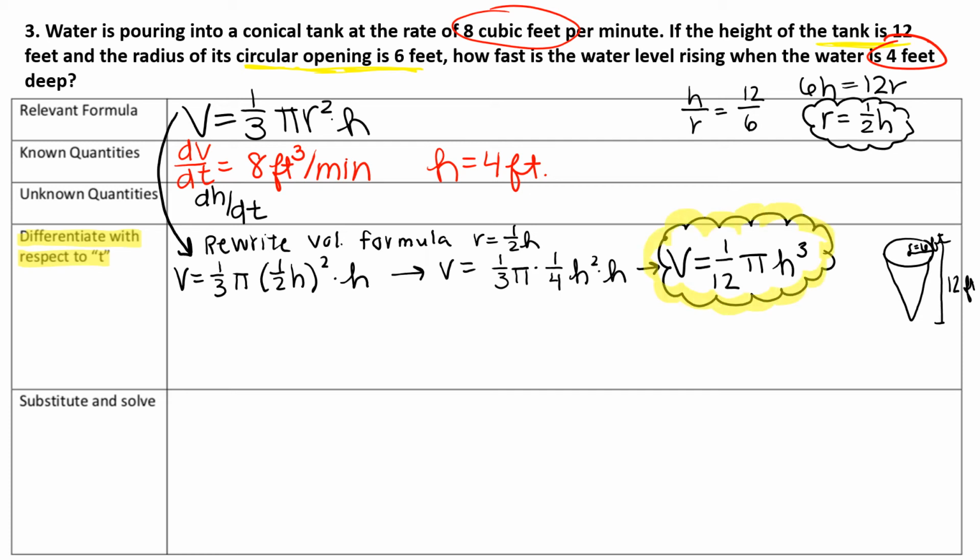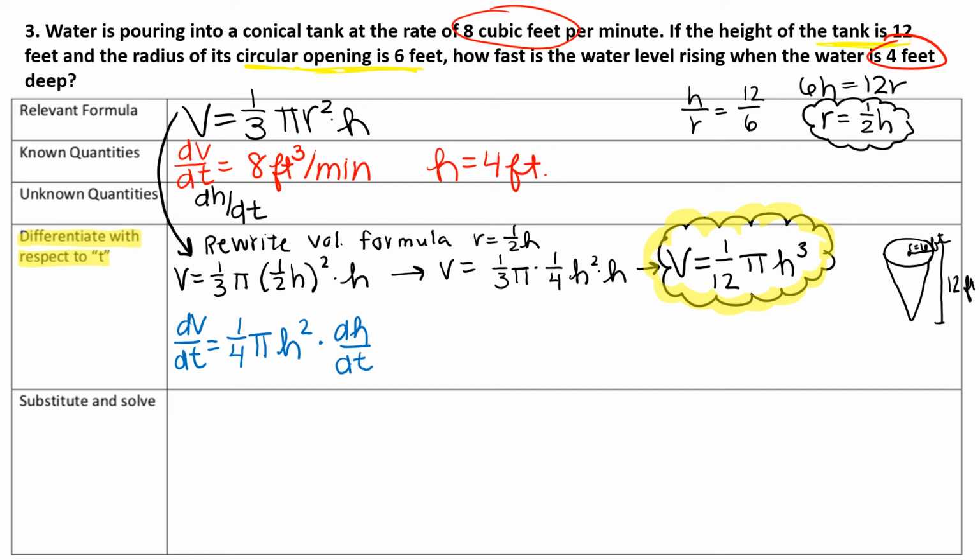So differentiating with respect to t, we get dV/dt equals 1/12 pi is just a constant. Bringing down our 3, we would get 3/12 pi, or 1/4 pi. h to the 1 less power is squared times dh/dt.